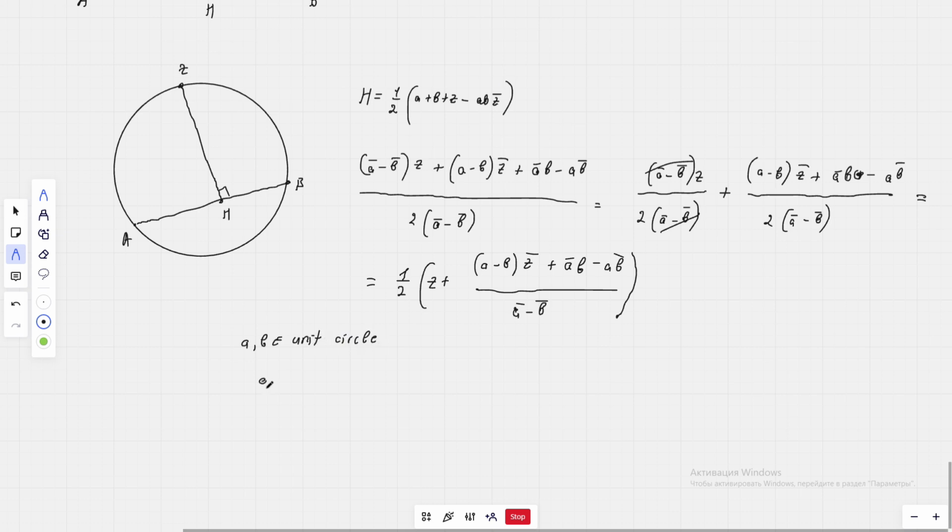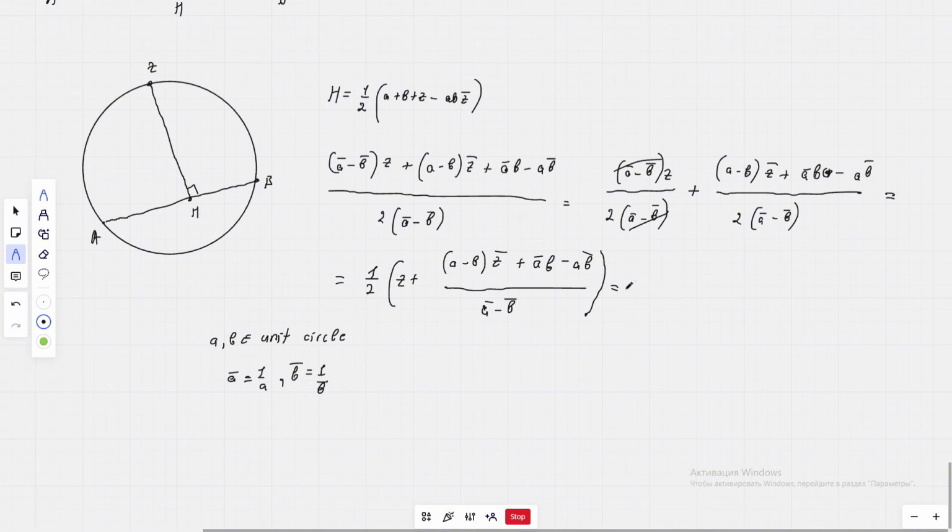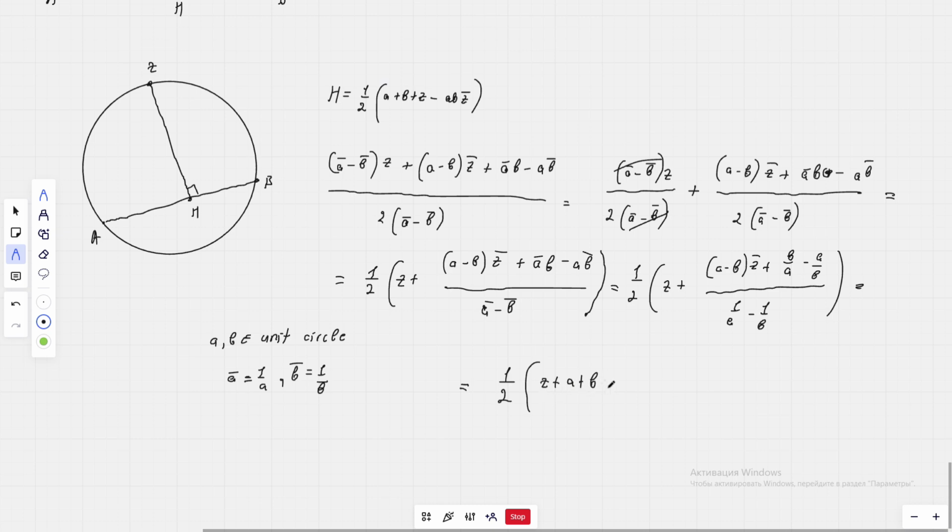It gives us that A conjugate is 1 over A and B conjugate is 1 over B. So this also gives us that, and factoring everything, we get that it actually equals Z plus A plus B minus AB and Z conjugate.